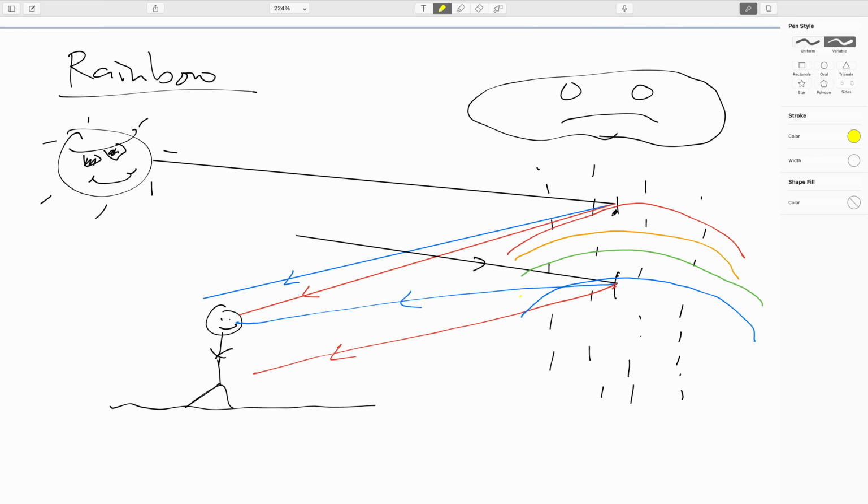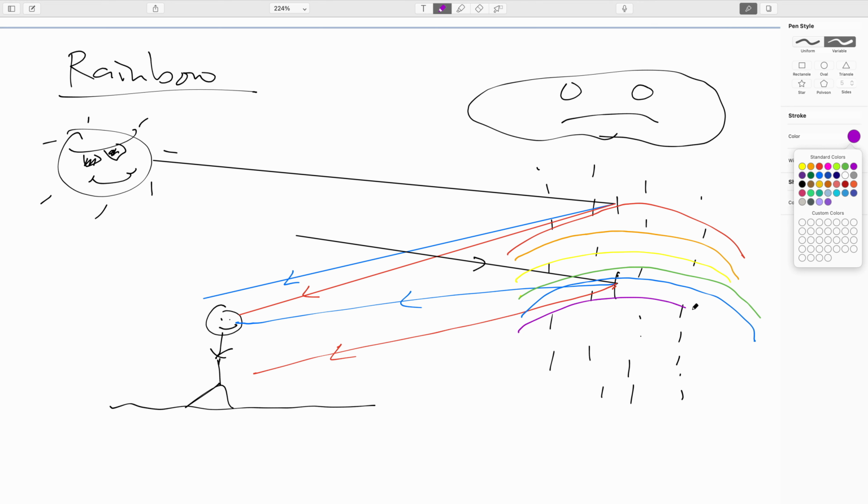Roy G. Biv. There's some yellow for you. Then there's some green for you. And then we could go down and do indigo and violet if you feel so inclined. So sure, let's put in some violet down there.